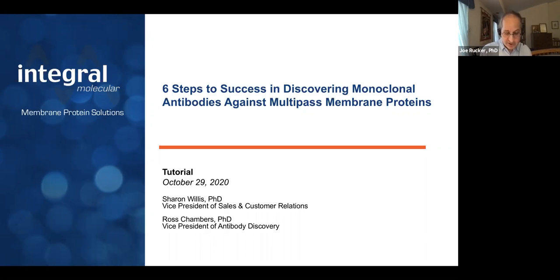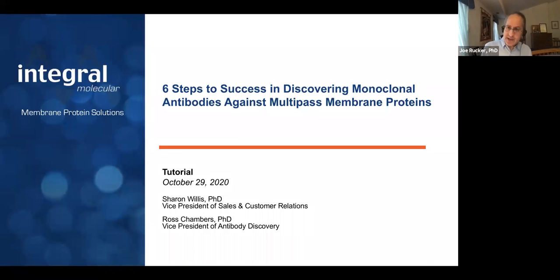Dr. Chambers was previously the Director of Research and Development at SAIX, where he directed the discovery of thousands of commercial antibodies using DNA immunization, B-cell cloning, and other isolation techniques. And before that, he developed DNA immunization for large-scale antibody isolation projects while at UT Southwestern. Dr. Chambers will discuss how Integral Molecular's antibody discovery platform can allow for discovery of antibodies against the most challenging membrane protein targets.